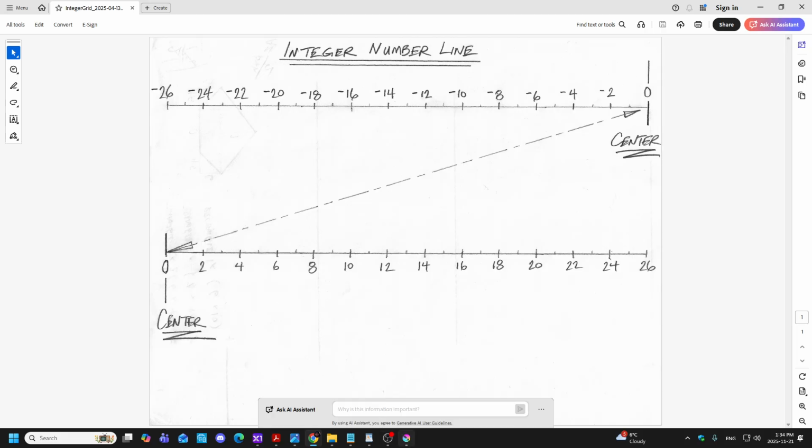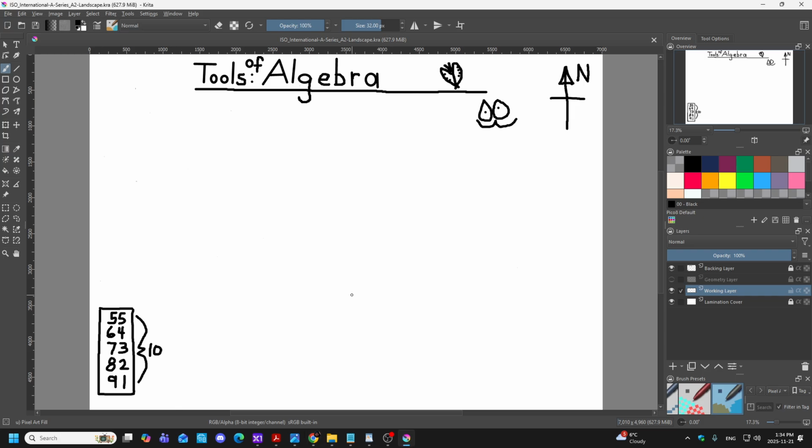Let me actually draw one here, and we'll talk about this. I'm gonna go about this far and see if I can get a straight line. There we go. Center, I'm just gonna guess.